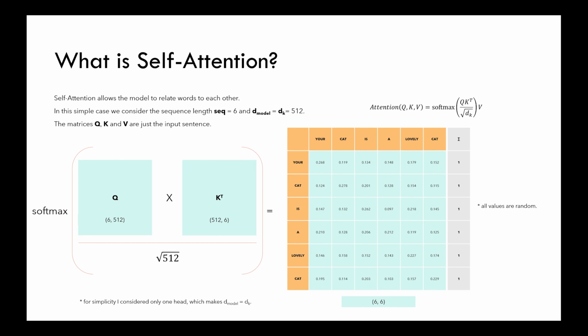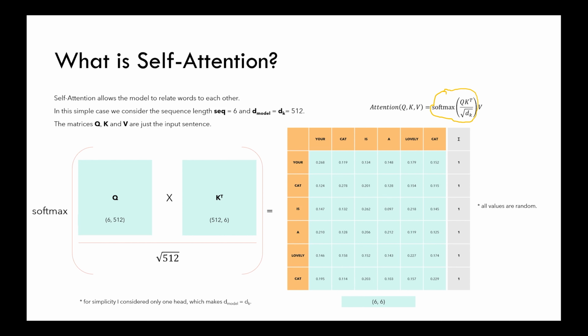This matrix is the output of the softmax, before it is multiplied by V. Before it gets multiplied by V, it represents the relationship of each word with each other.